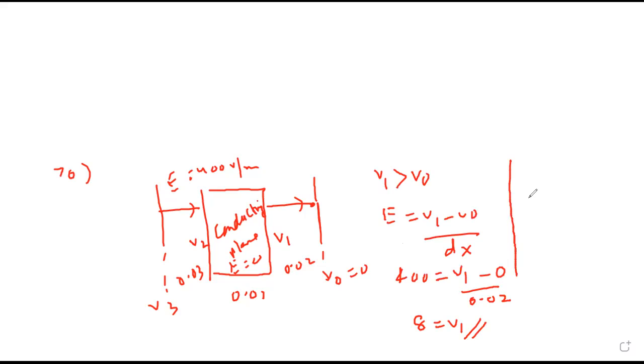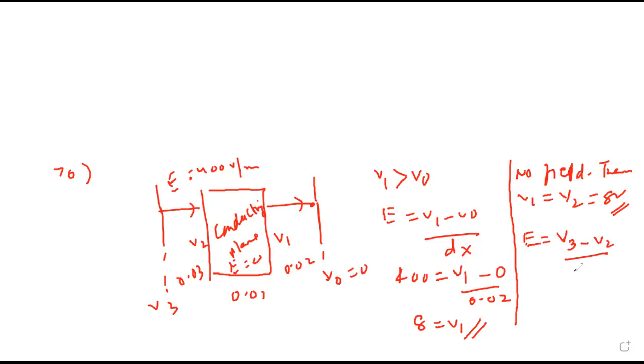Now, if no field, then V1 and V2 are the same, which is 8 volt. Then for the third part, again E is V3 minus V2 upon the distance.